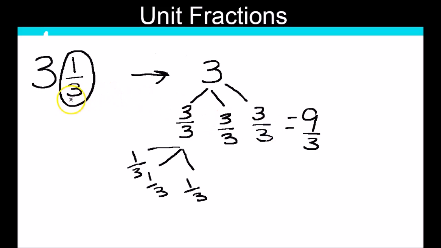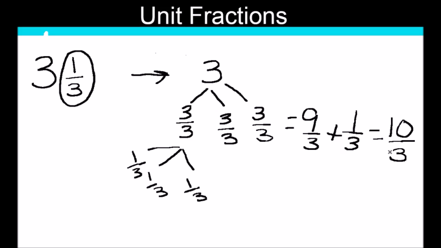They can say, oh, there's 3/3 plus 3/3 plus 3/3 equals 9/3. And when I add that one unit fraction, it's 10/3.